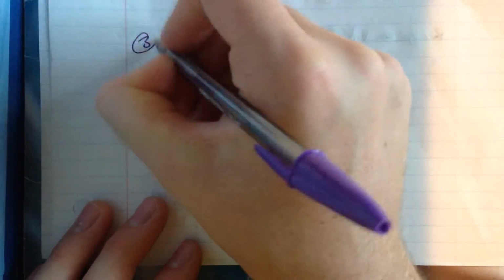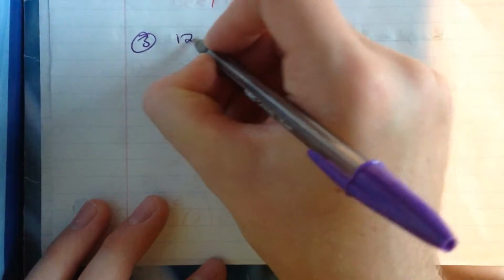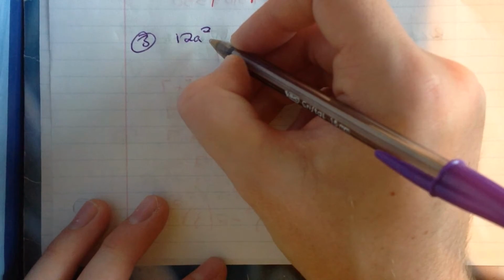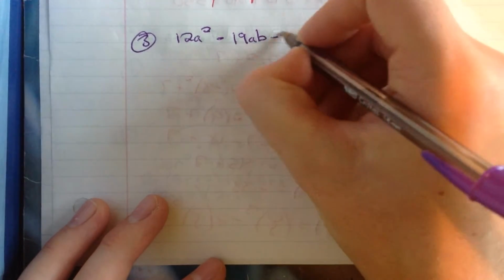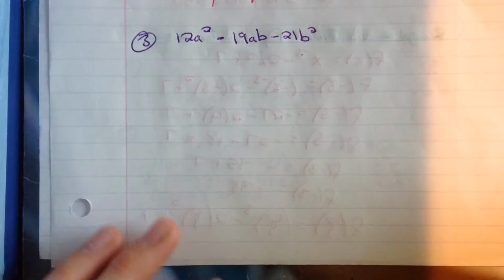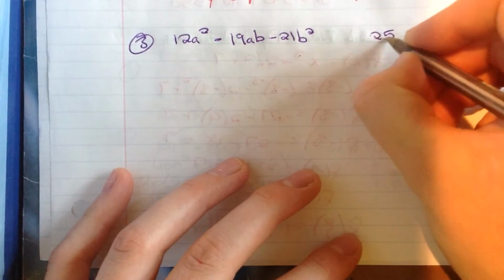Trying another example. So let's say, for example, that I have 12a squared minus 19ab minus 21b squared. Well, 12 times 21 gives us 252 negative.